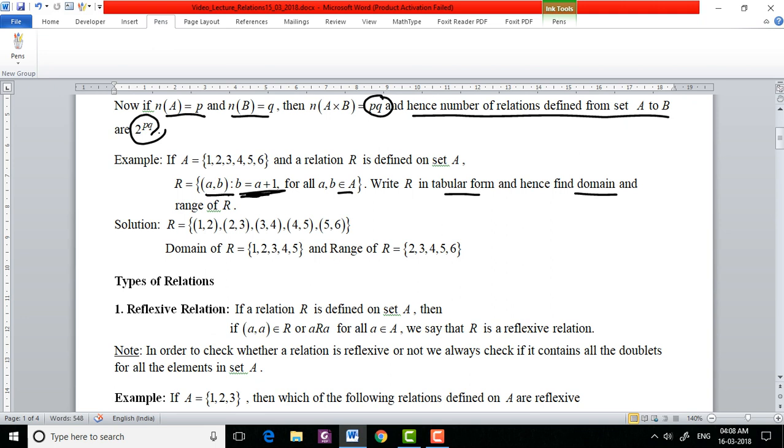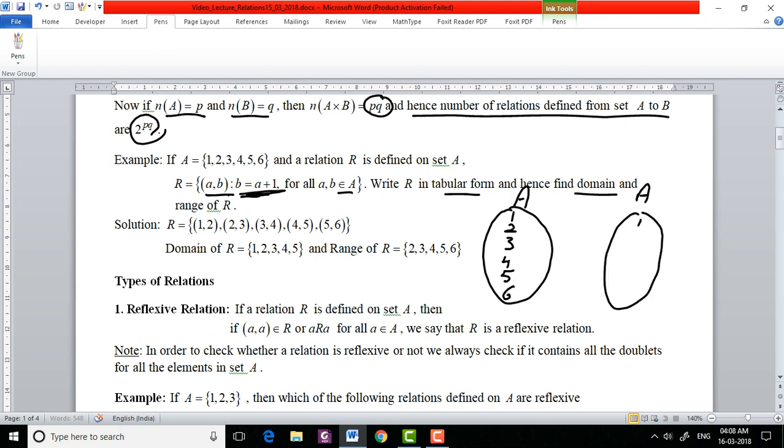Since we are defining the relation from set A to A itself, let us take an arrow diagram. This is set A containing 1, 2, 3, 4, 5 and 6. Again set A containing 1, 2, 3, 4, 5 and 6. Now since our relation says that b equals a plus 1, if I substitute a equals 1, b is going to be 1 plus 1, that is 2.